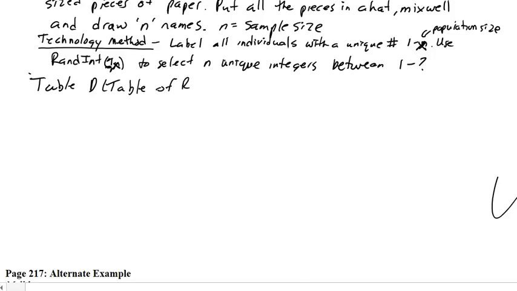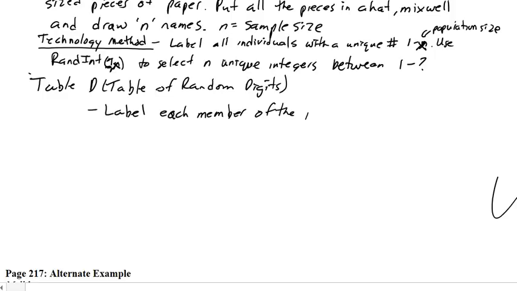So we again label each member of the population with a numerical label with the same number of digits.